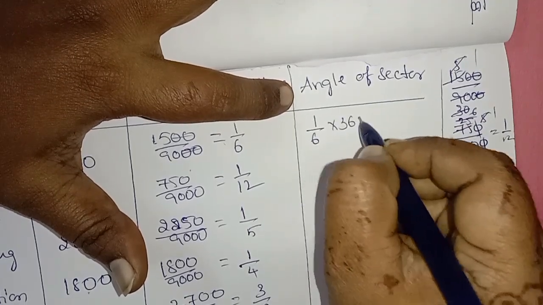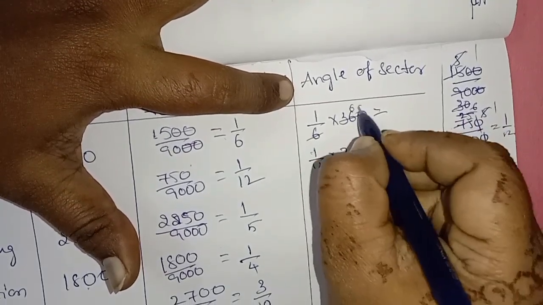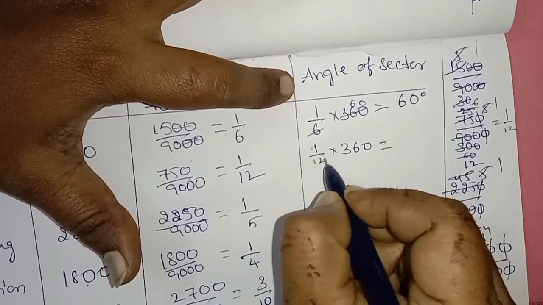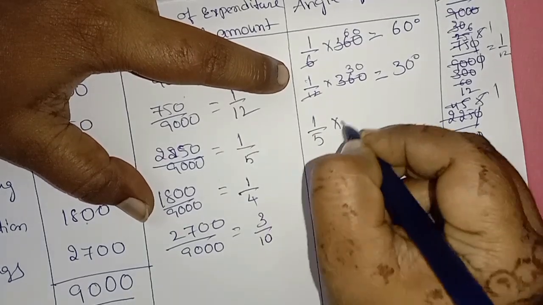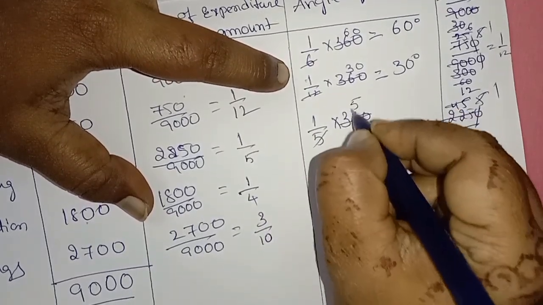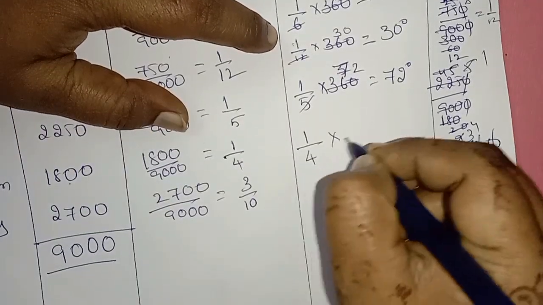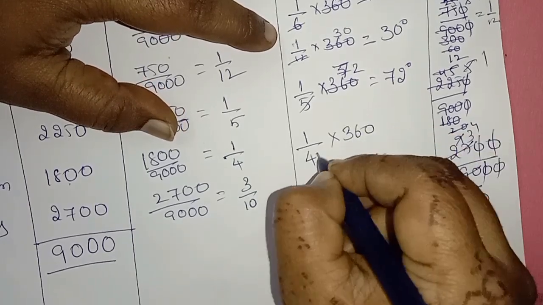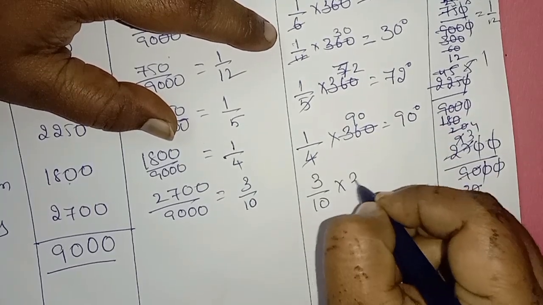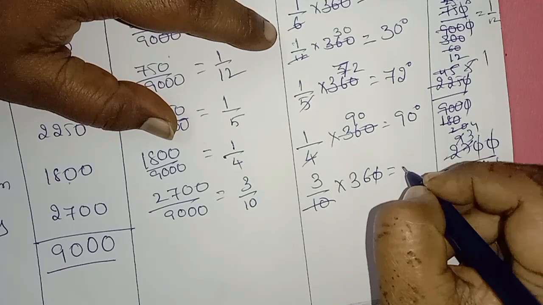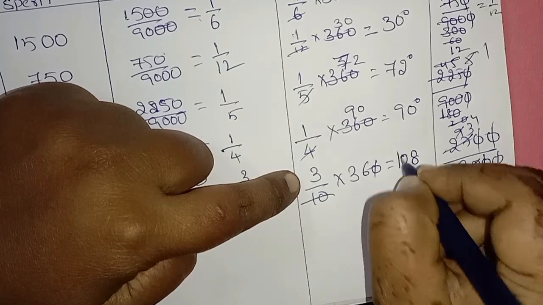So 1 by 6 into 360 is 60 degrees. 1 by 12 into 360 is 30 degrees. 1 by 5 into 360 is 72 degrees. 1 by 4 into 360 is 90 degrees. 3 by 10 into 360, zero cancelled, multiply with 3: 108.